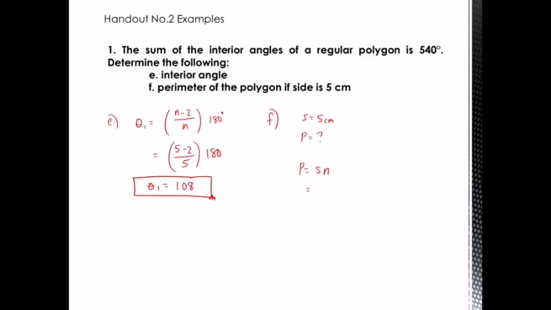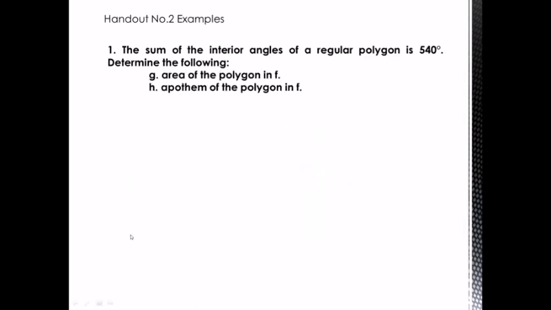So you're given 5 centimeters times n is 5. So perimeter na to, class, is 25 centimeters. Okay. We have letter G. Area of the polygon in F.